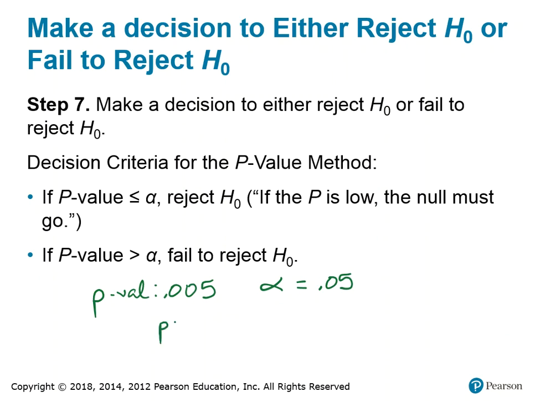My p-value, 0.005, is definitely less than my alpha level of 0.05. If the p-value is less than or equal to the alpha level, you will reject the null. If the p-value is greater than the alpha level, we will fail to reject. Since it is definitely less than, we are going to reject the null. So if the p is low, the null must go. So we must reject the null.